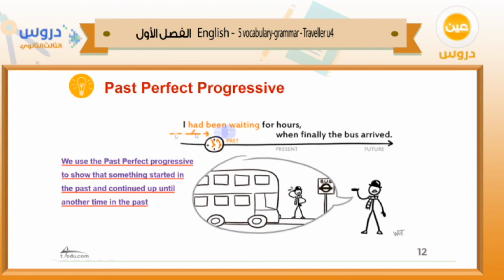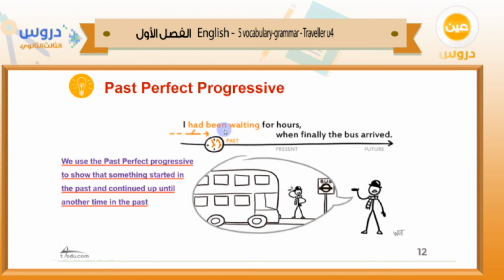So we can see this example: I had been waiting for hours. So this is the action of waiting when finally the bus arrived. So both are in the past, but there is something that started in the past and continued for a time.